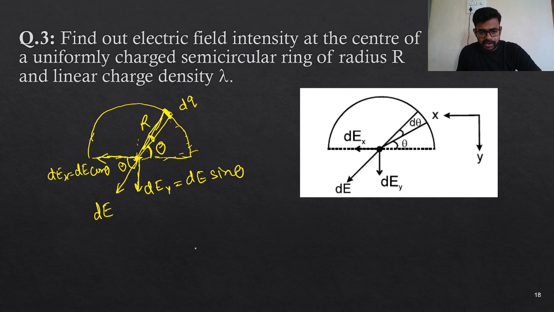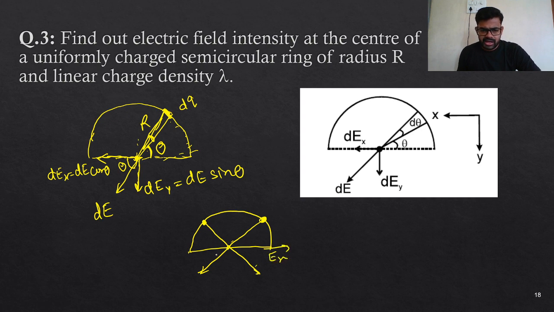Now listen, a very important thing I am going to discuss. Let's say here I am considering a point segment, so because of this, the direction of field will be like this. Here also, if I consider a small segment, the direction of field will be like this. So its x component Ex will be in this direction, and its x component Ex will be in this direction.